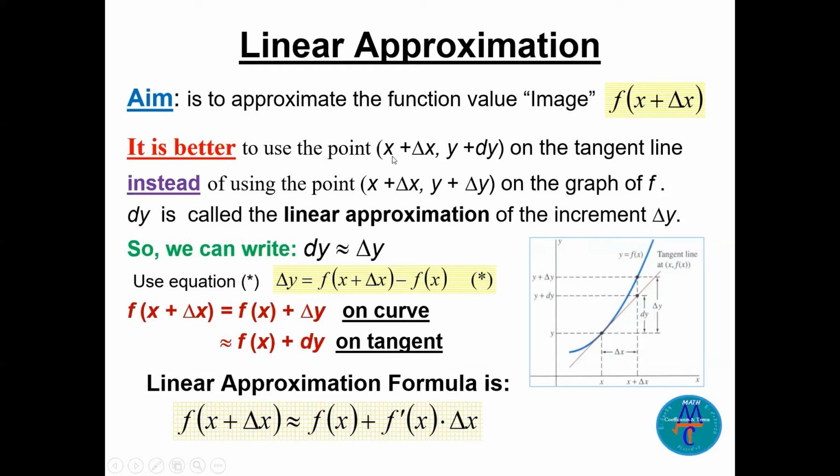So it's better to use the point x plus delta x and the y value y plus dy. This is on the tangent line. See the tangent line here. It is better than the point x plus delta x, y plus delta y, which is on the graph here.